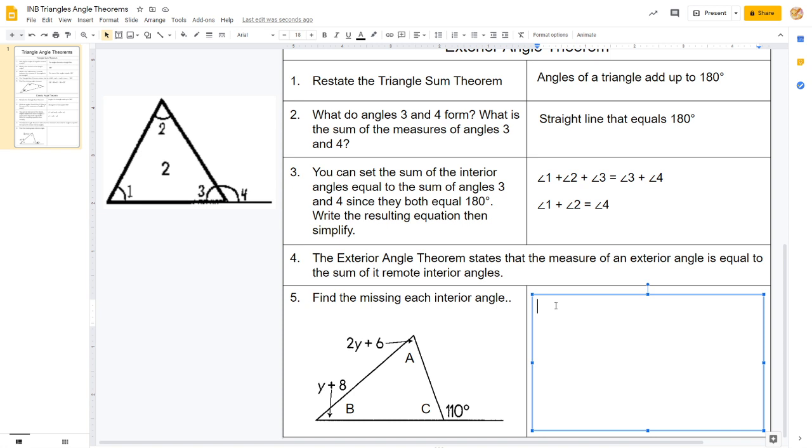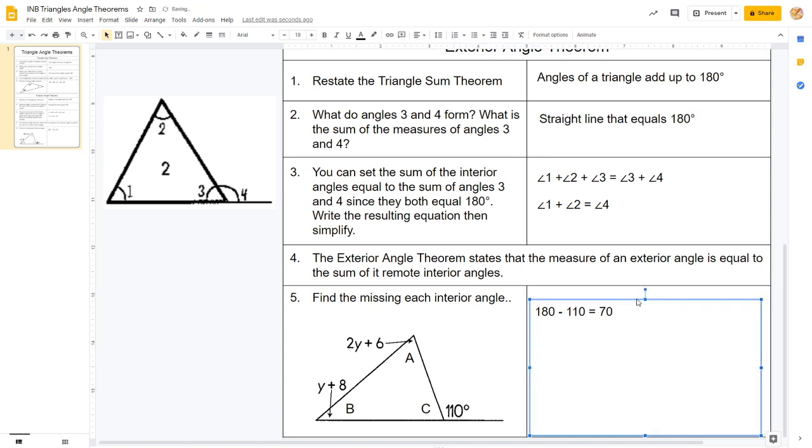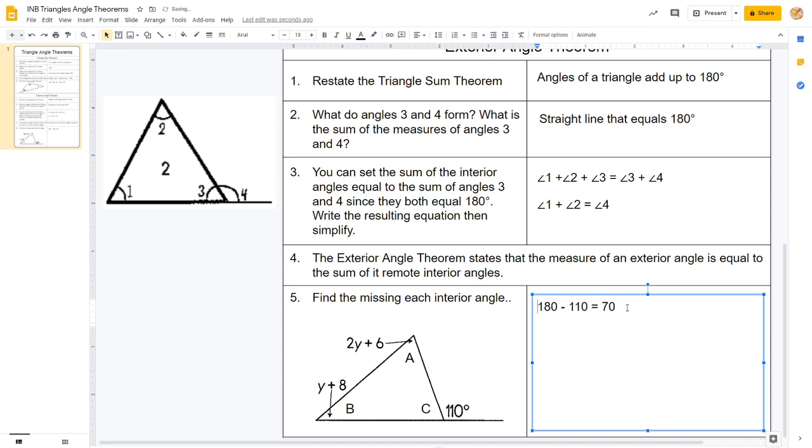So the easiest one to find right now is angle C. So angle C is just going to be using this right here, which is 180 minus 110. And that equals 70. I need to borrow this degree sign. 70 degrees.